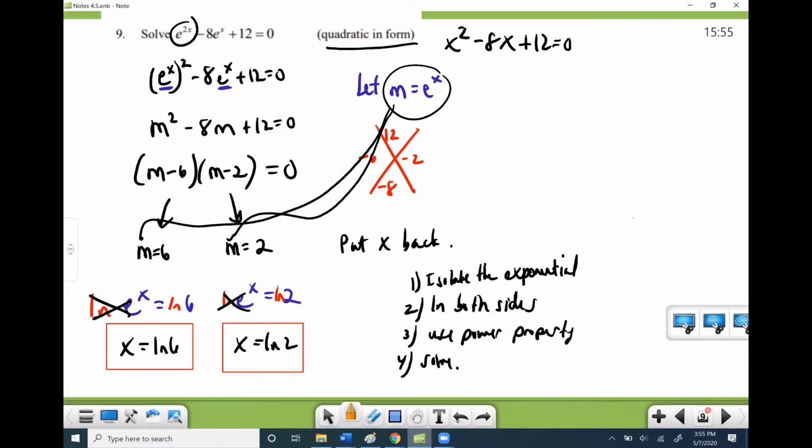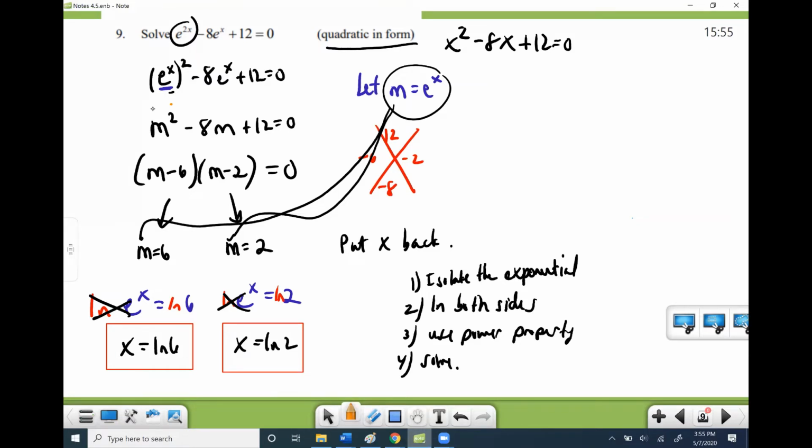Like if you put a 6 in, 6 squared would be 36. 8 times 6 is 48. So 36 and 12 add up to 48, right? So that would be 48 minus 48, so that gets you 0. So when we do the ln of 2 squared minus 8 ln 2 plus 12, that'll get us 0? Mm-hmm. Oh, okay, got it.